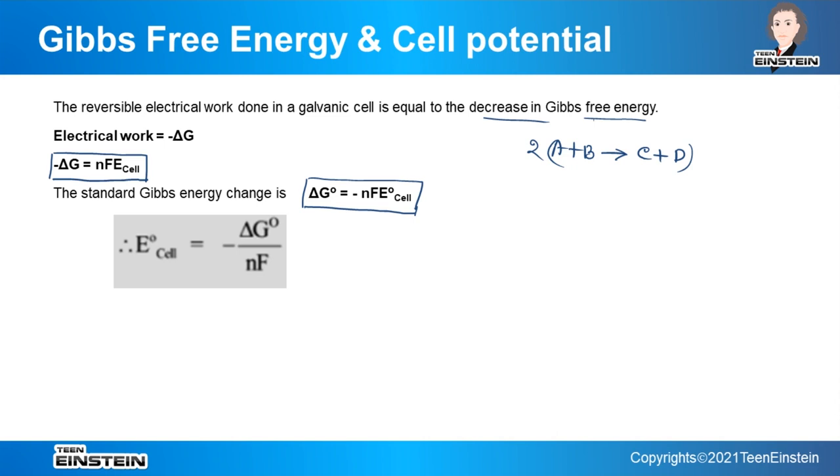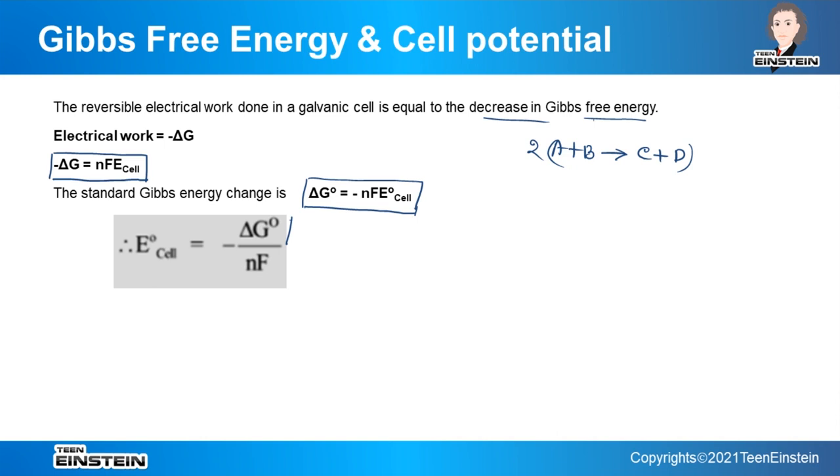Because del G, that is Gibbs free energy, is an extensive property. So when you change the amount of the reactant, the del G value will obviously change accordingly. But as this is a ratio, the 2 will be before del G naught and also before nF. So ultimately the 2 will be cancelled.